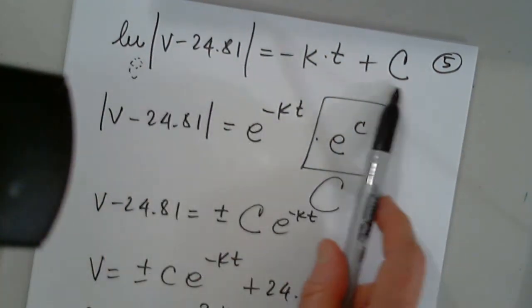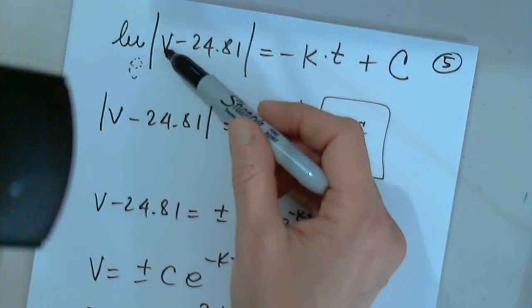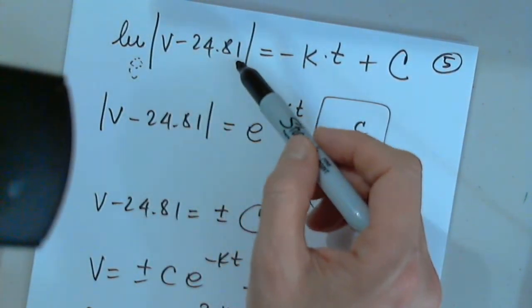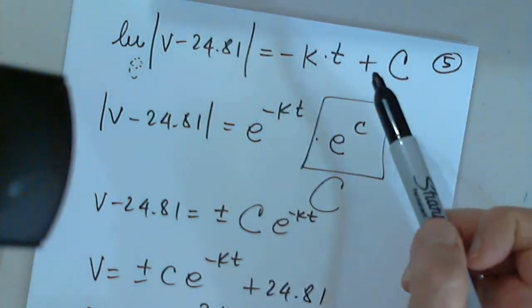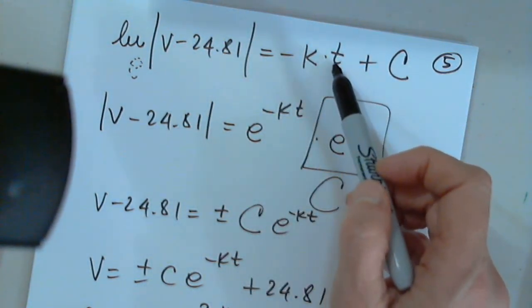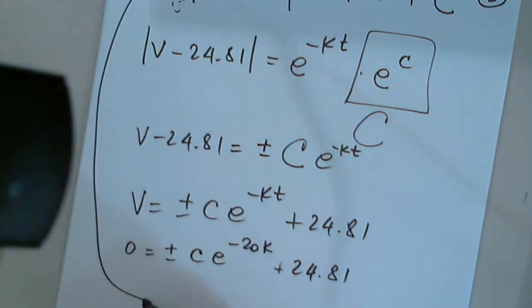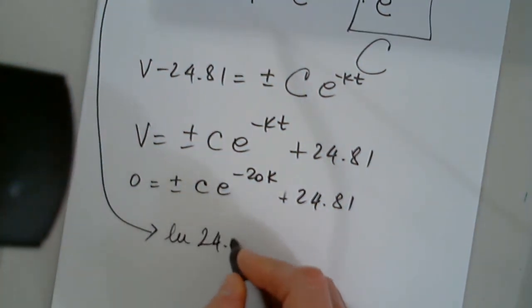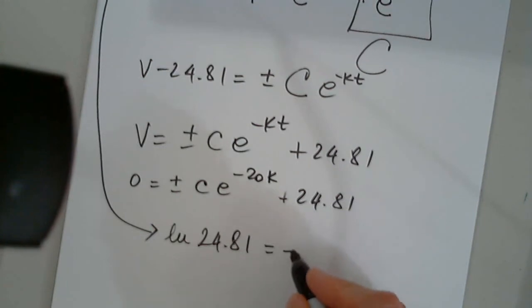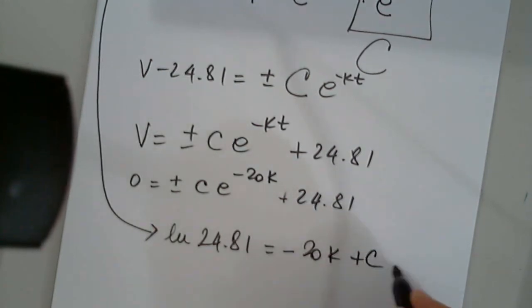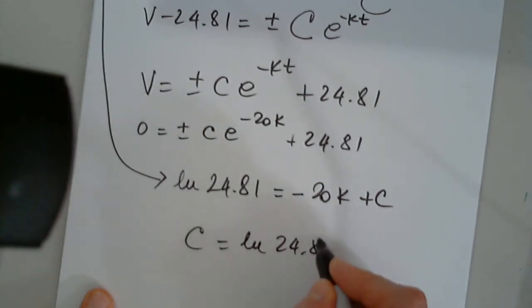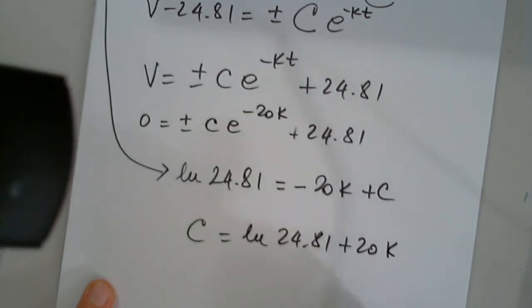I should have stopped here for a moment and just plugged in a 0, which would have given us the natural log of 24.81, with the absolute value positive, and this is 20. So let's do that. So natural log of 24.81 equals -20k plus c. So then c is natural log of 24.81 plus 20k.